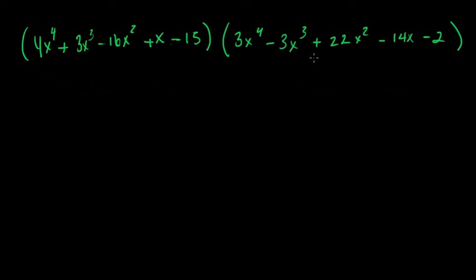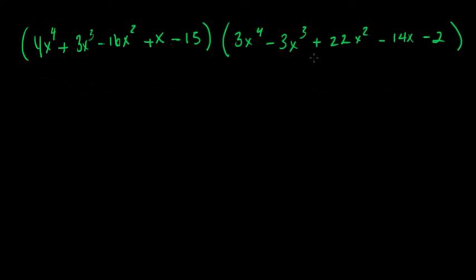Let's change this real quick. This is supposed to be 45x cubed. Sorry about that. Let's take minus 6 plus 224 plus 22 plus 45, and we should get a positive 285x cubed. So we're done with this row.